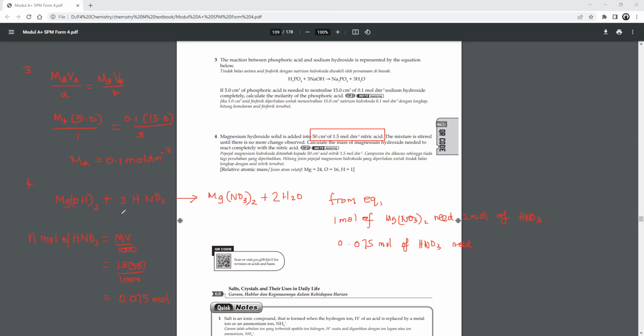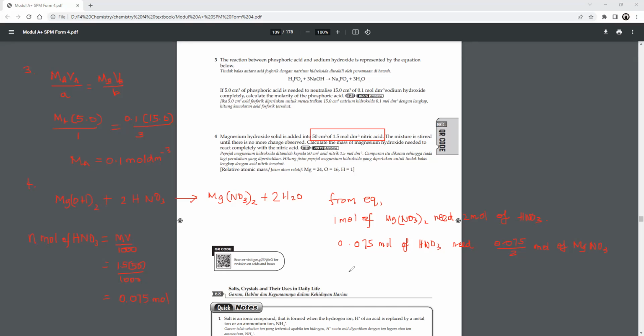So if this one is 0.075, this one must be half of it, right? So 0.075 divided by 2 mole of MgOH2.